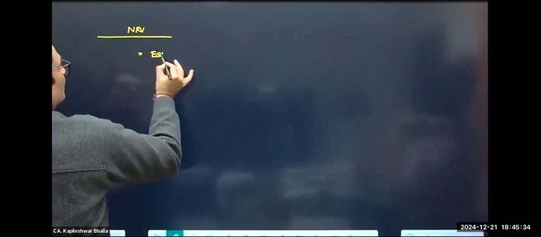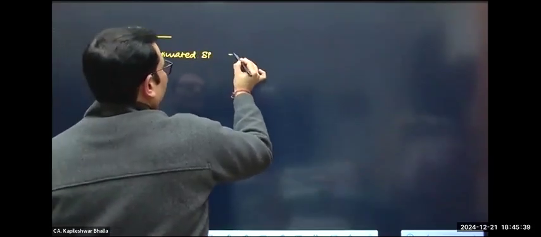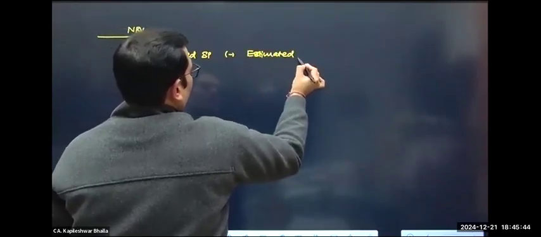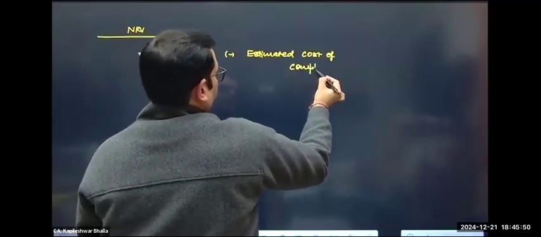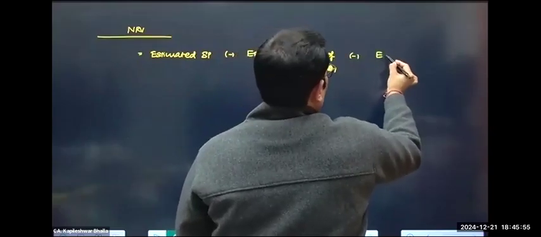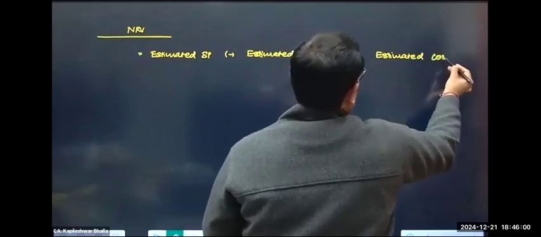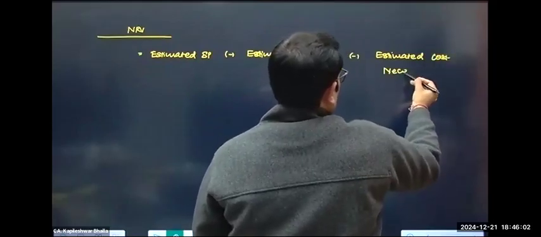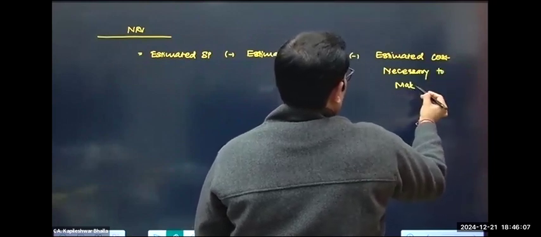The standard says that NRV is supposed to be what we call estimated selling price minus estimated cost of completion and minus estimated cost necessary to make a sale.